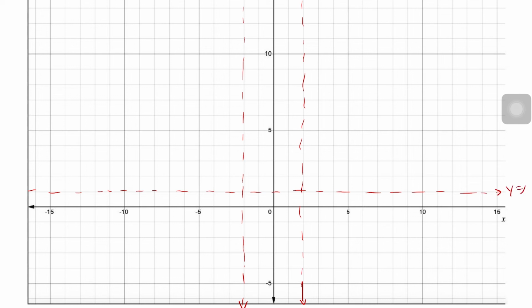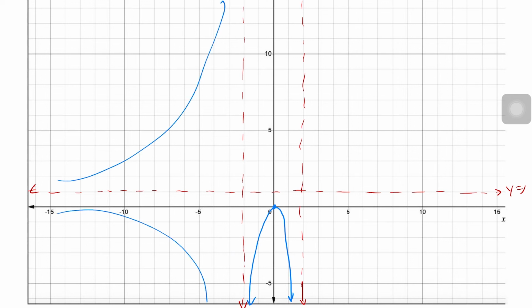We also have y equals 1, the horizontal asymptote. And we also have an x-intercept at x equals 0, y equals 0, which we know has even multiplicity, which means it bounces off, like a U. Now what we need to figure out is what's going on to the left of the vertical asymptote at -2. Is it going to be over here, or is it going to be down here?